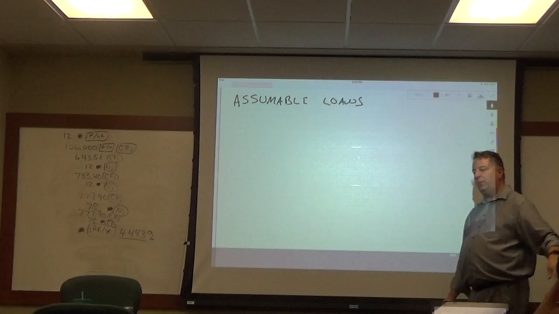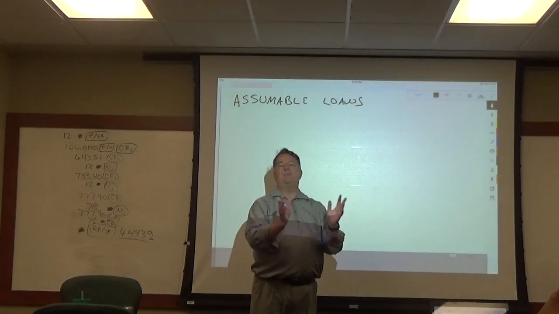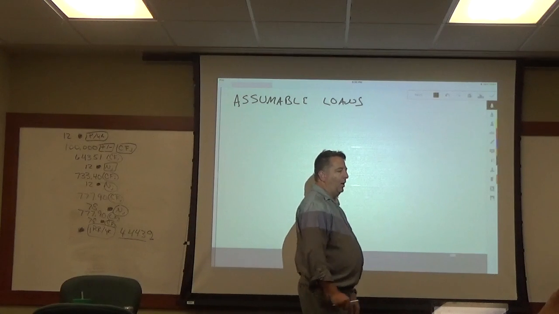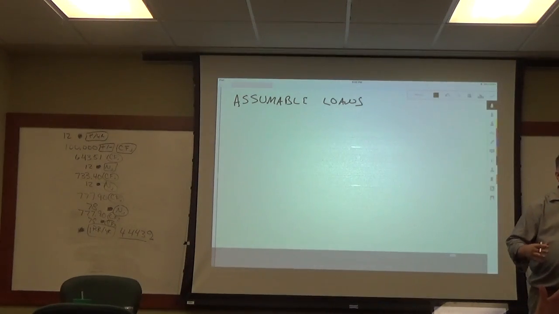Now, there can also be other reasons. This could be within a family situation. Mom and dad get a mortgage loan, and then at some point, within 5-10 years, they say to the kids, we're going to turn this over to you, and you start making the payments for us. You're just going to assume the mortgage or the payments from that point forward. It may not be an overly formal transition.